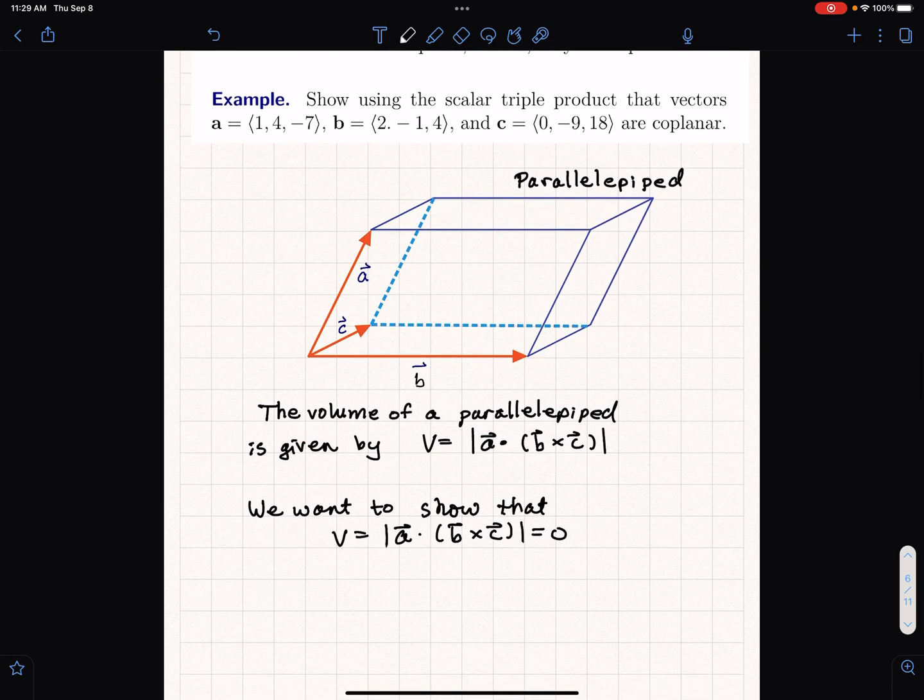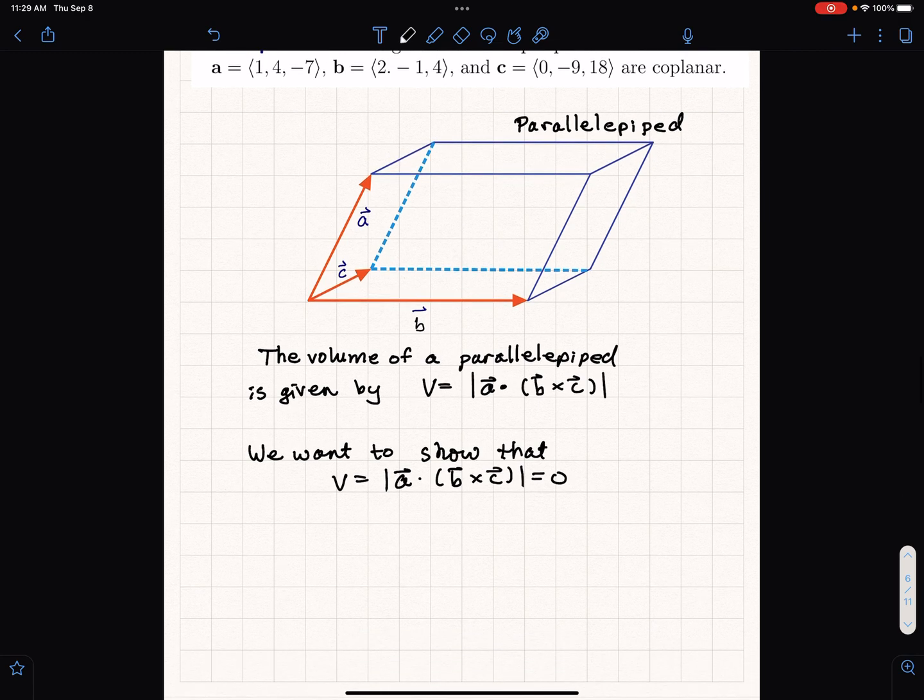And if it's 0, we will conclude that they all lie in the same plane. Let's go ahead and write down what this triple product is. Leaving aside the absolute value for the moment, the triple product is the cross product of B and C dotted with the vector A.